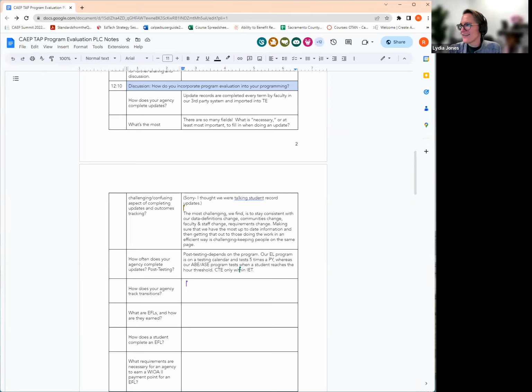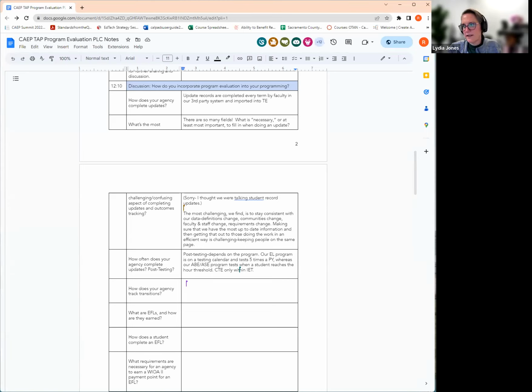Yeah, this one was mine. So for EL, we are a WIOA 2 agency, so of course we have a testing calendar, which falls in line with our local assessment policy. And the testing calendar for EL, we start at the end of July because we follow the proxy. So our first post-test is the end of July, and then we test a total of 5 times a year in our ESL program.